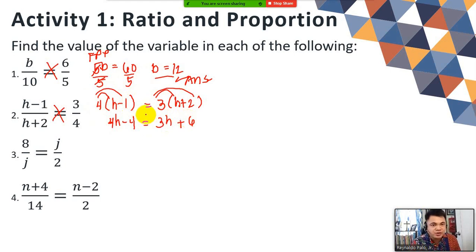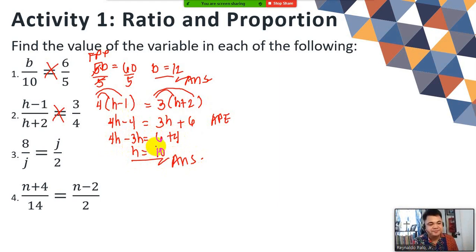Now, we are going to combine similar terms with the use of the addition property of equality. For h, remove 3h here by getting its opposite, which is negative 3h, equals 6 plus the opposite of negative 4, which is positive 4. Next, 4h minus 3h is h, and then 6 plus 4 is 10. So, the value of h is 10.